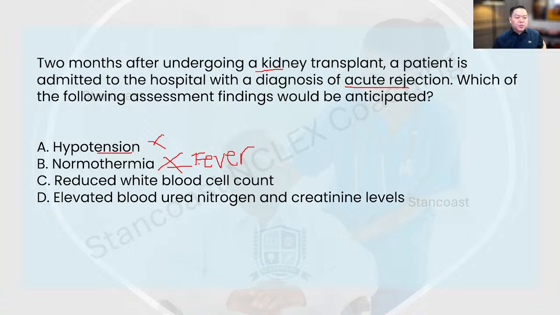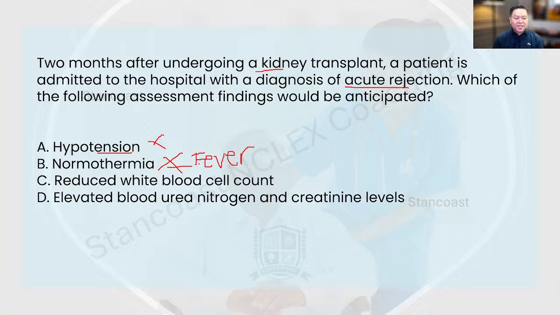Now, what about reduced white blood cell count? What do you think about that? Is that a sign of rejection? Well, upon my discussion earlier or yesterday, acute rejection is actually characterized by an immune response. It will target the transplanted kidney, and this will result in inflammation and also elevation of the white blood cell count.